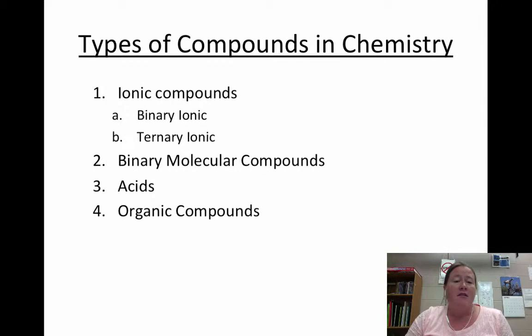In this class, we will study ionic compounds, binary molecular compounds, and acids pretty extensively. If you take organic chemistry with me, or advanced chemistry with me, it's a semester-long class. We study organic compounds quite extensively.